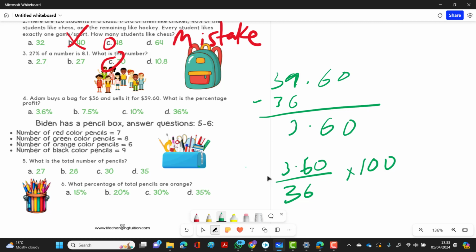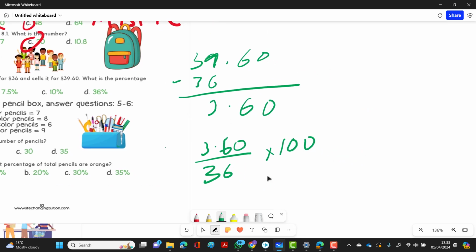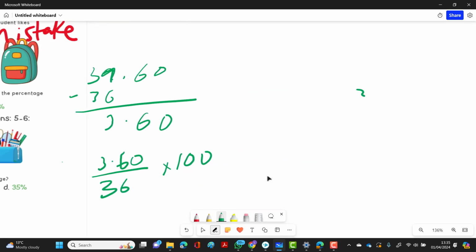So 3.6 divided by 36. How many 36s go into that? You can't do it, so you add a 0 whenever you want.